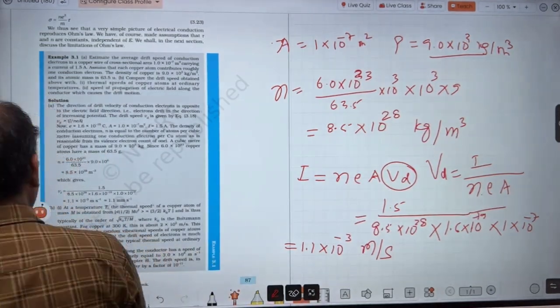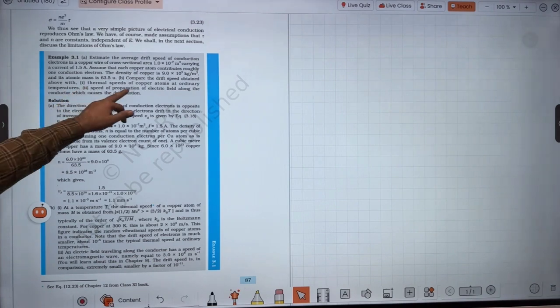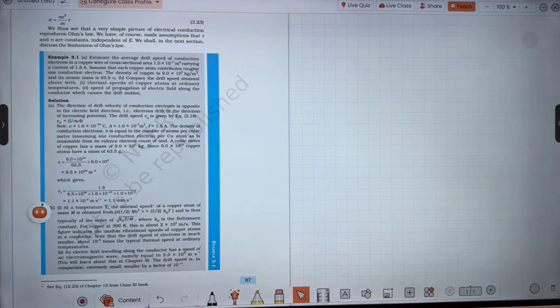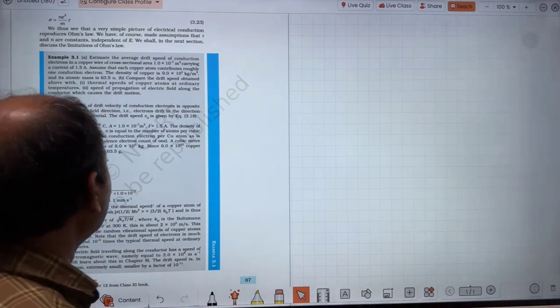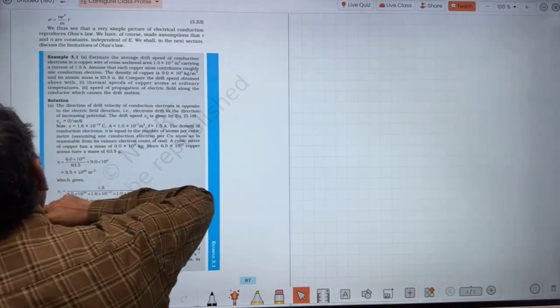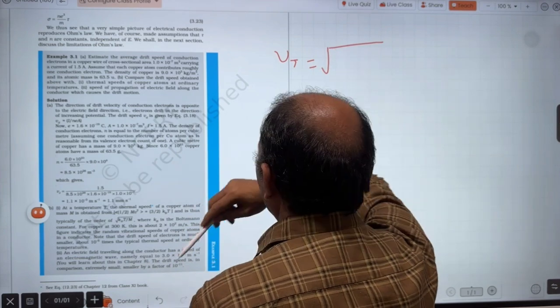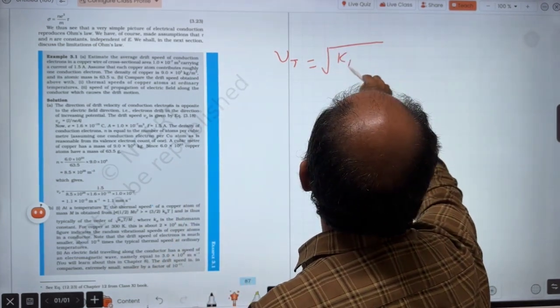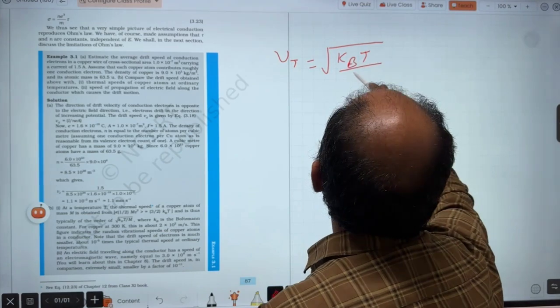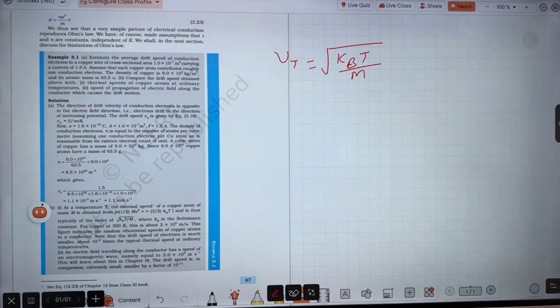Now our question says that we have to compare it with the thermal speed of a copper atom at ordinary temperature. To find the thermal speed, we need a formula. The thermal speed is given by v equals the square root of 3 times the Boltzmann constant into temperature divided by mass. We put values: temperature we take as 300 Kelvin, and we put the value of the Boltzmann constant.